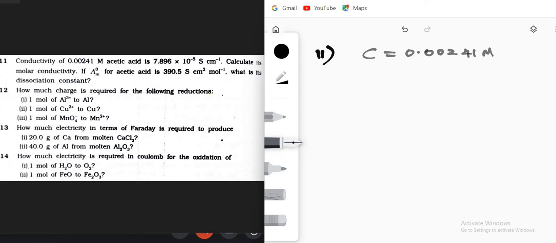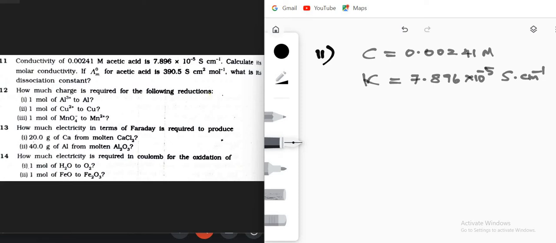Conductivity means kappa, also called specific conductance, which is 7.896 into 10 to the power minus 5 Siemens centimeter inverse. The question is to calculate its molar conductivity.